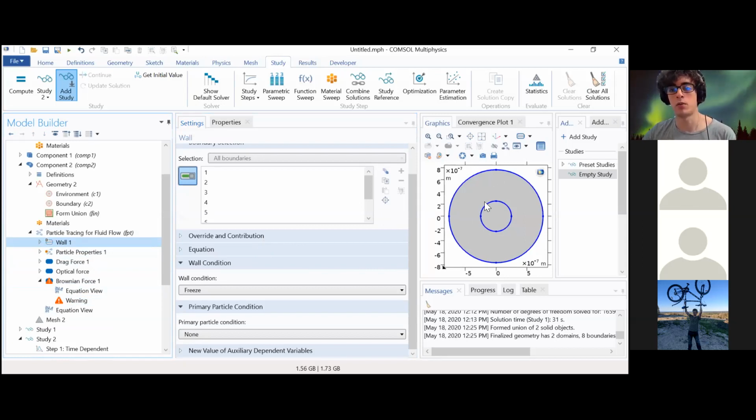Then these boundary conditions specifically model what happens in this case. So if they will bounce, or if they will just pass through, or if they will stick. So since we are only interested in what happens in this domain and not with other domains nearby, we will just assume that when they touch the domain, they just stay there. So I will just say that the boundary condition is freeze.